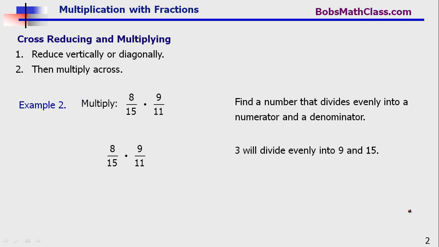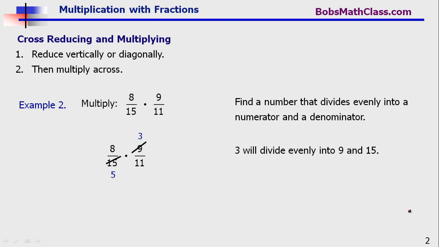So how many times does 3 go into 9? 3 times. And how many times does 3 go into 15? 5 times. That's what we do. We cross out the 9 because 3 goes into it 3 times, and 3 goes into 15 5 times.